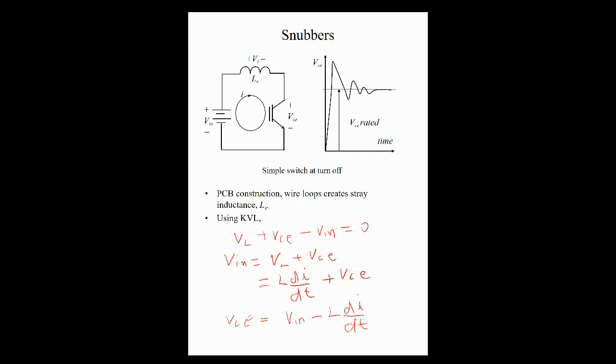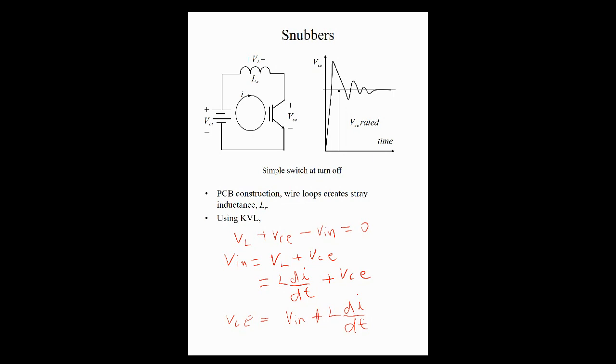This is as a result of Lenz's law, so it will oppose the change. So when we switch, let's say from on to off, the current will tend to decrease, but the device is going to oppose this change. So this component will cause this to become positive because it's minus.